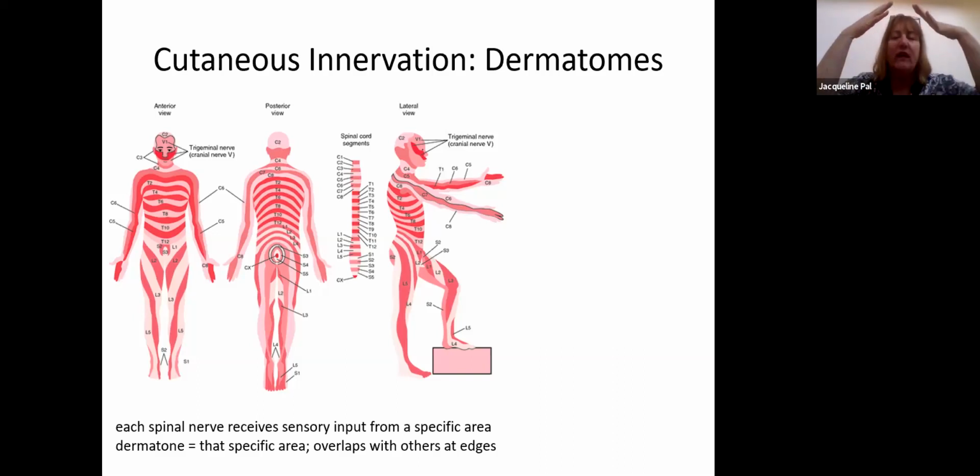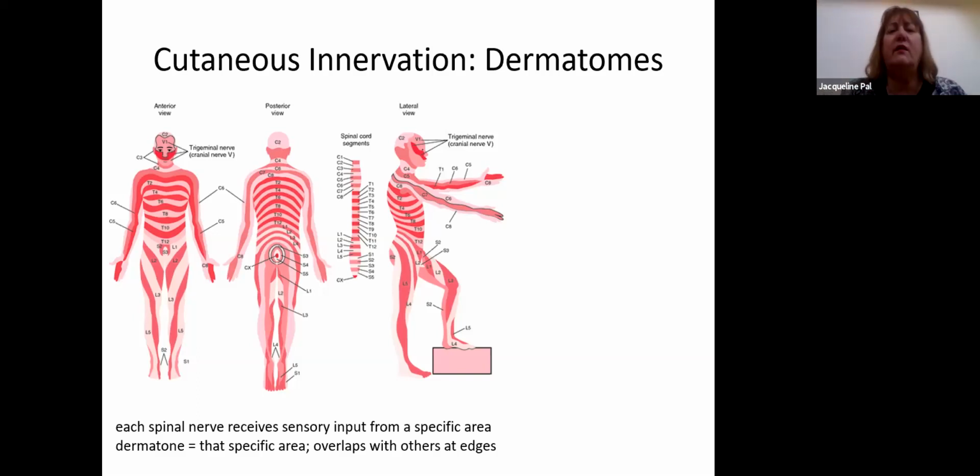Okay. And so they kind of go in a general pattern where you're going to start higher up in the cervical area, and then because of the brachial plexus, we're going to the upper extremity. And so by the time you return to your chest, you're in the mid-thoracic area, the upper thoracic area.